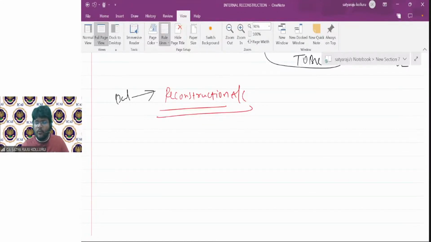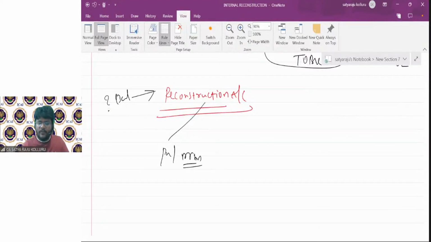If you have more losses, then you have a debit balance. But the objective of conducting the internal reconstruction is to get a credit balance under reconstruction only. First, you need to find out how much balance is there. Whether it is informed in the problem or not, irrespective of that, the balance in the reconstruction account you need to utilize to set off the P&L account debit balance.